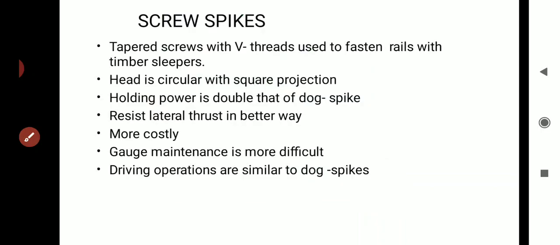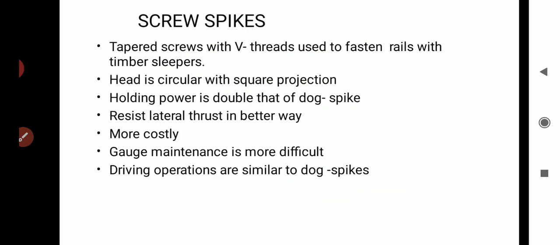Its holding power is double that of the dog spike, but it is more costly. That's why it is not generally used, as dog spikes are economic and cheap in cost, so they are mostly used. The holding power is more than that of the dog spike, but as its cost is more, that's why it is not used.